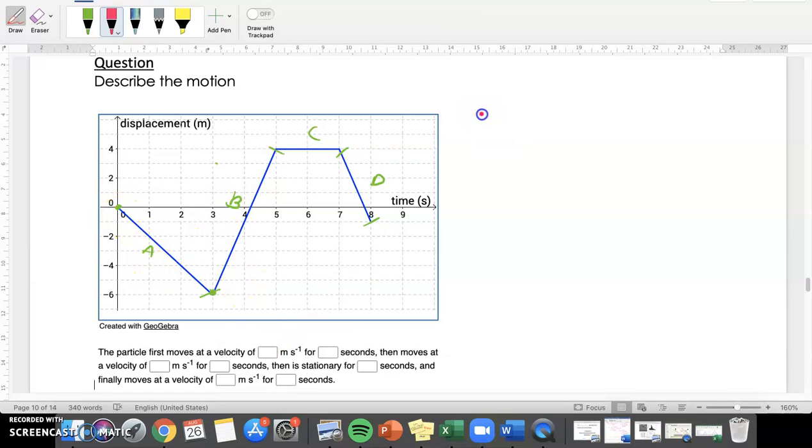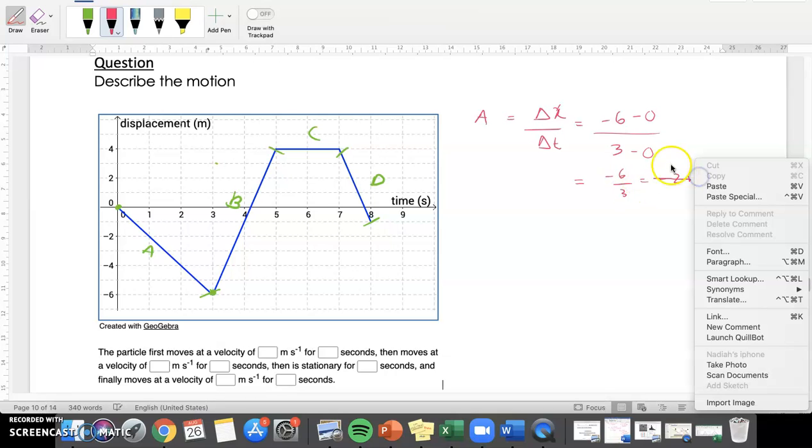It's always the change in displacement over the change in time for a displacement time graph. That is minus 6, the final displacement, minus 0, the initial displacement, and the time is 3 minus 0. So this is 6 over 3.